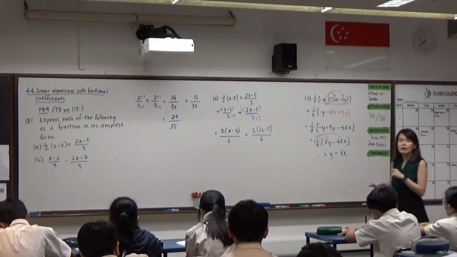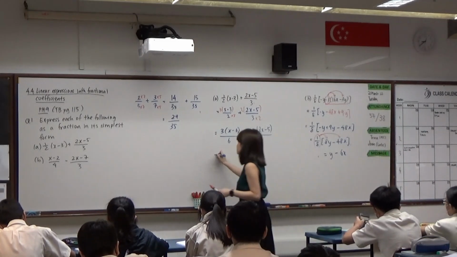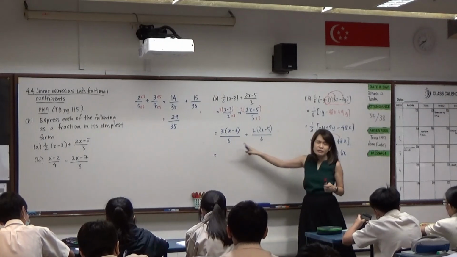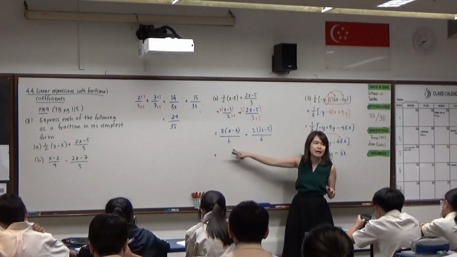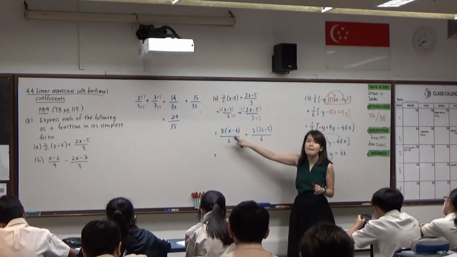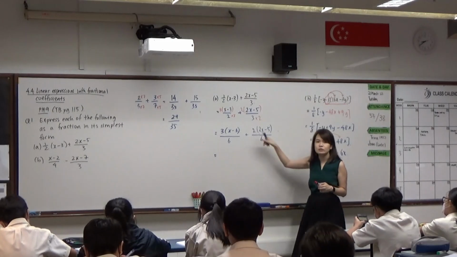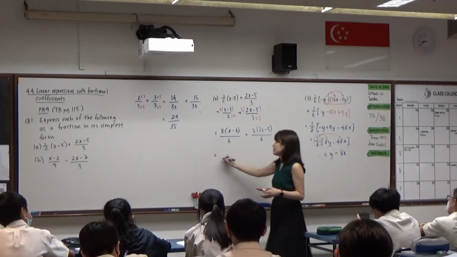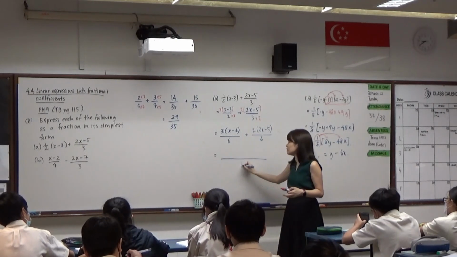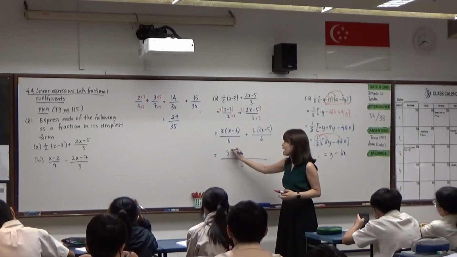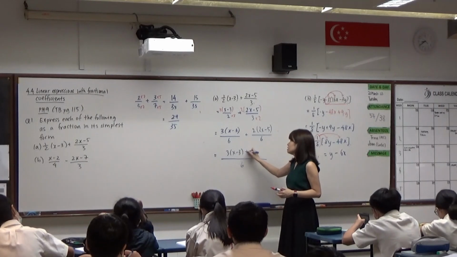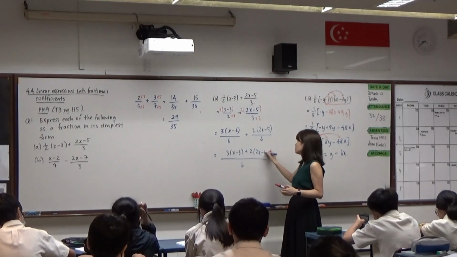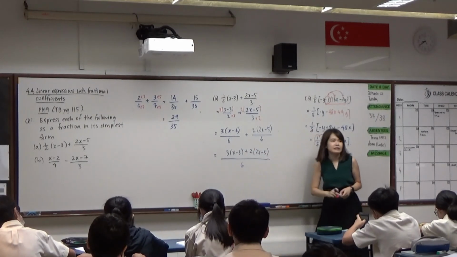Now that we have done this, because the denominator is now the same, I can add the numerators together. But the addition is not so straightforward. If you want to, you can write it as a single fraction already, where I add the two numerators together.